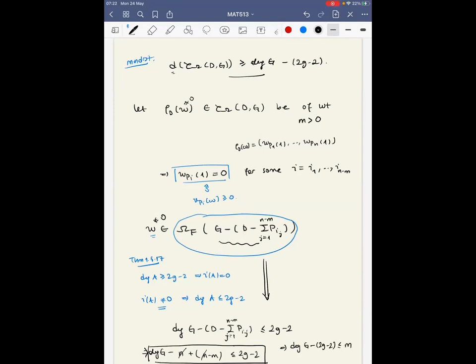And we can see that the weight of any non-zero code word is bounded below by this quantity, and this shows us indeed the minimum distance is also bounded by degree g minus 2g minus 2.